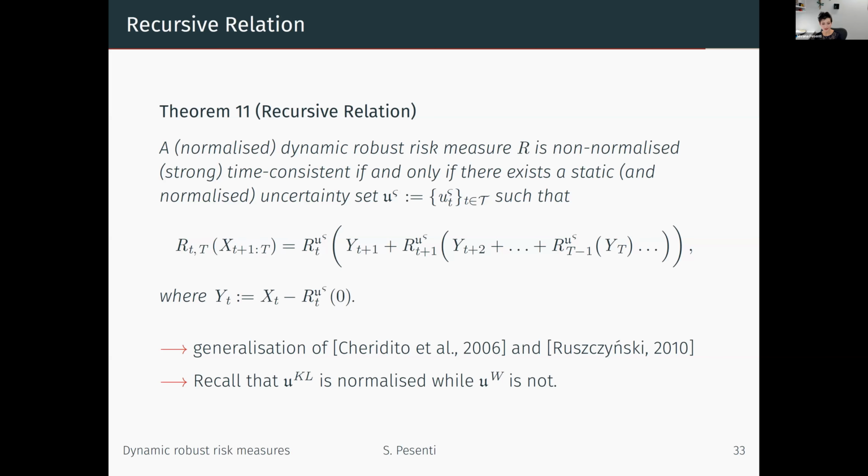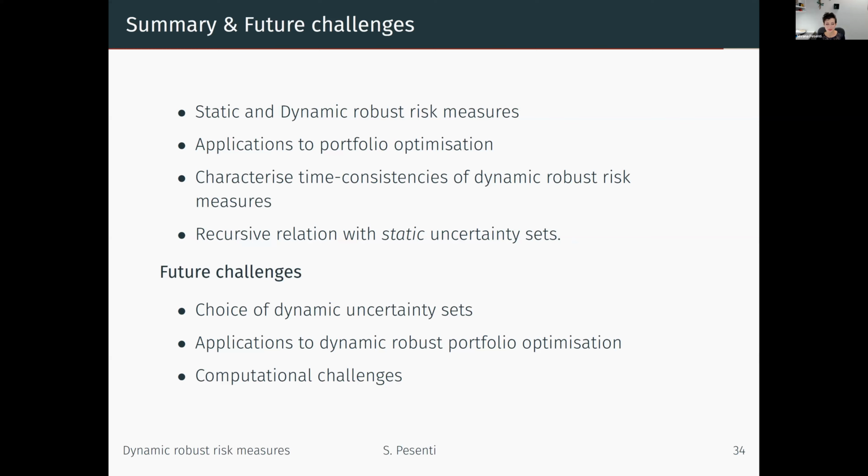So this was it from my side. Maybe a quick recap. I looked at robust risk measures in a static case, a few applications on how you could use that in portfolio optimization, and also how you could potentially look at dynamic robust risk measures. There are a lot of future challenges.